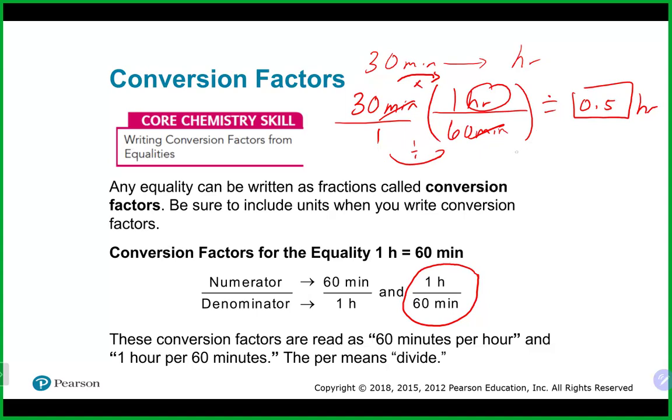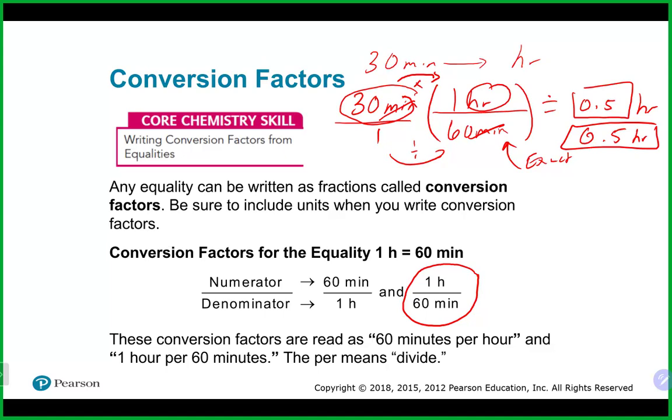In this particular case, this is an exact number because it is a conversion that's exact. That means we come back to this. The way I wrote that 30, how many significant figures is it? It is actually just one. So 0.5 hours would be the proper answer based on that question.